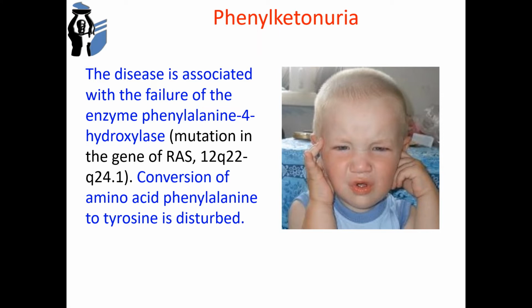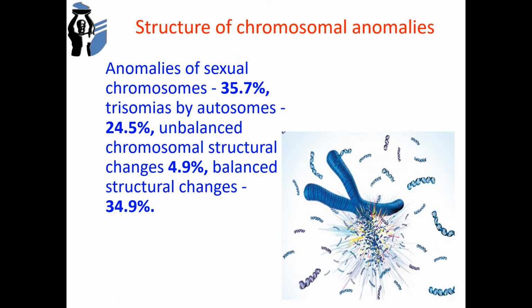The next point of the lecture is chromosomal anomalies. About 700 chromosomal mutations have been described. Approximately 40% of spontaneous abortions are caused by a chromosomal imbalance. For every 1,000 newborns, there are 3 to 4 chromosomal diseases.